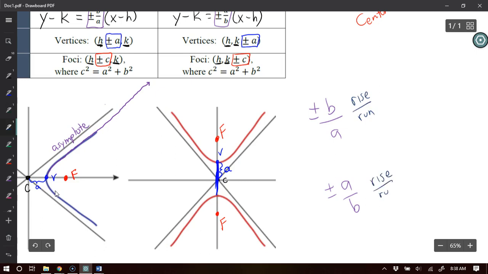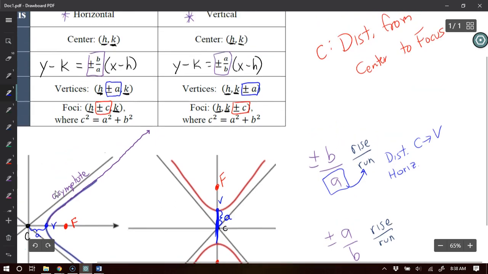The reason that's important is because we know that a is the distance from the center to the vertex. So in this case, your a value is a run, which means this should be the slope for a horizontal hyperbola. And if I take a look, it is plus or minus b over a.